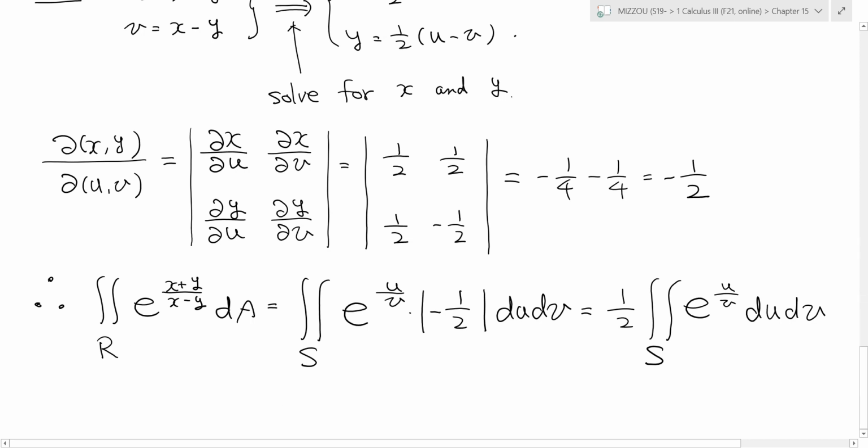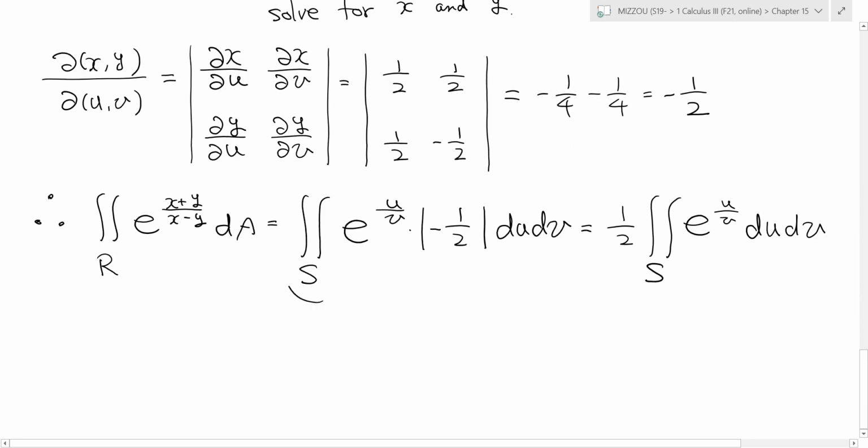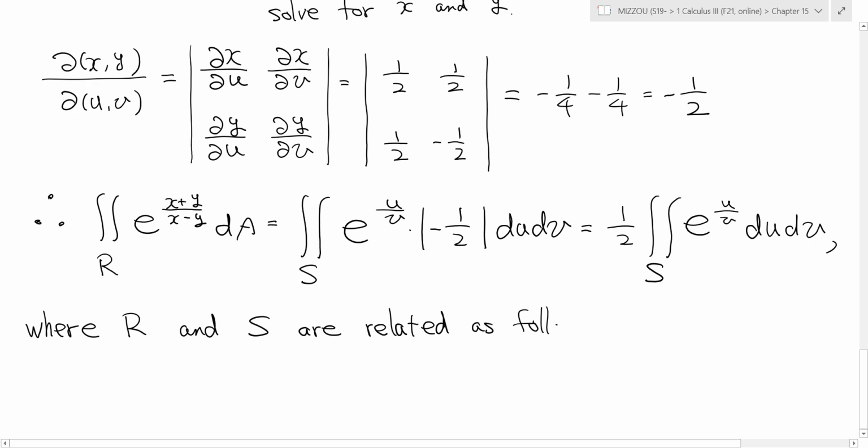But how are they related? So that's another difficult part for this type of problem. So how R and S are related is as follows.